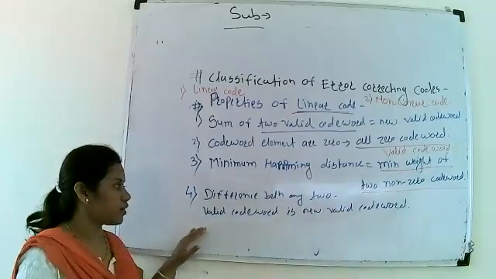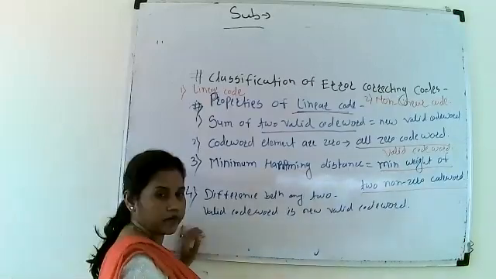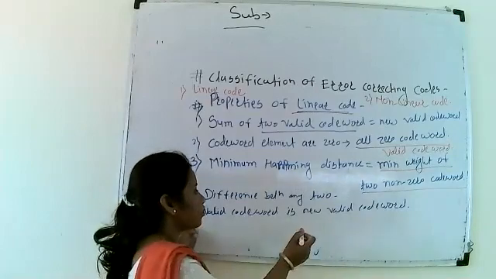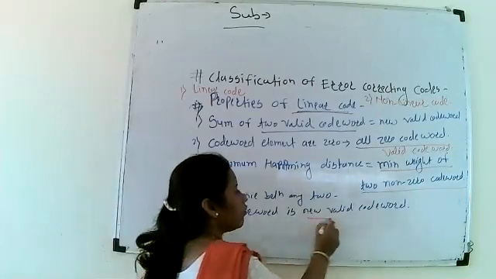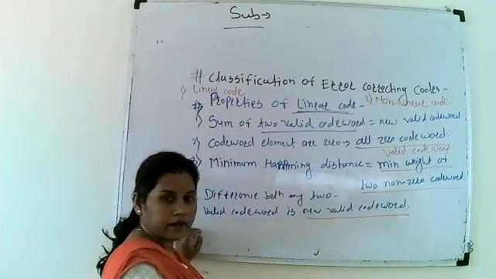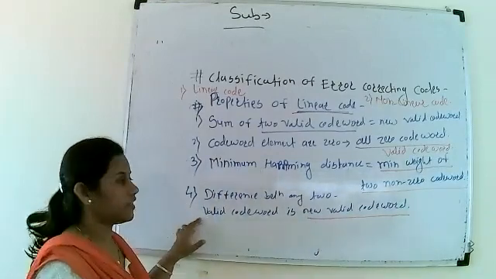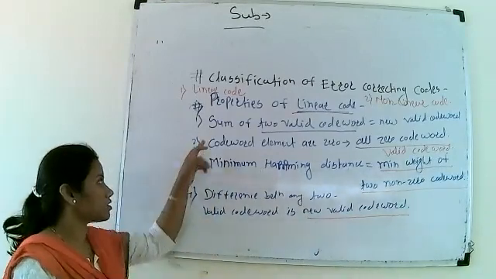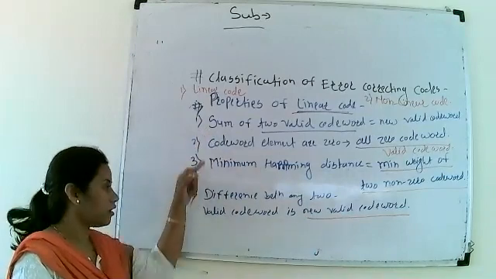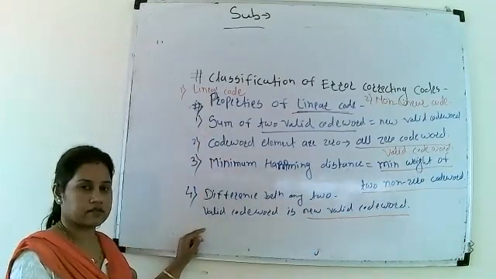And the last property: the difference between any two valid code words is a new valid code word. This property is the same as the first one; there it was addition, the sum, and here it is a difference.